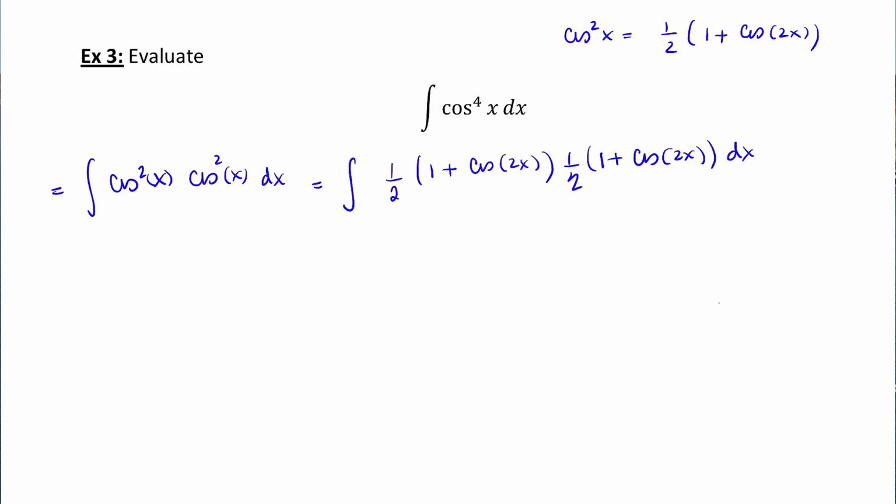I'm going to simplify that a little so I don't get something too weird. I multiply 1 over 2 times 1 over 2 and take it out of the integral, so that's a quarter.